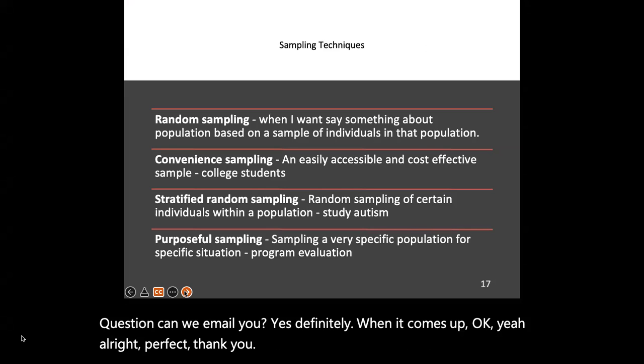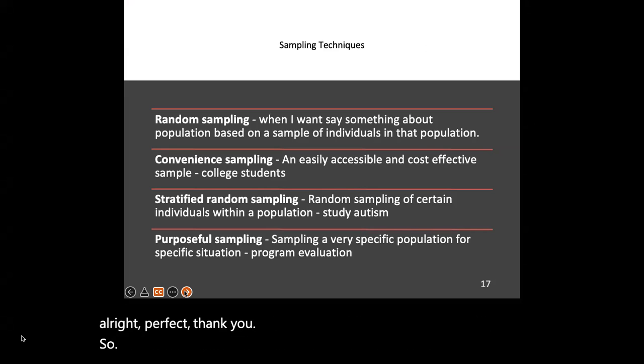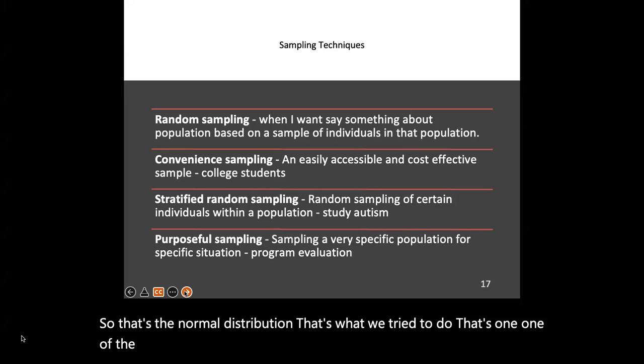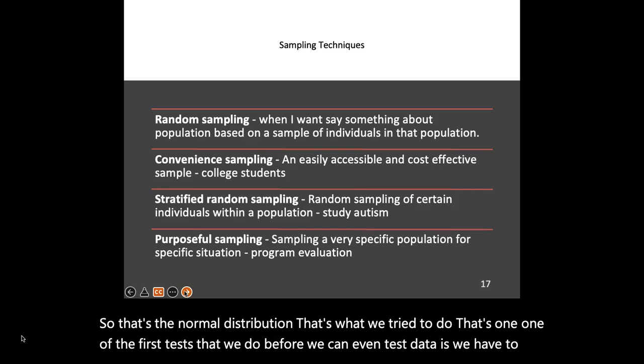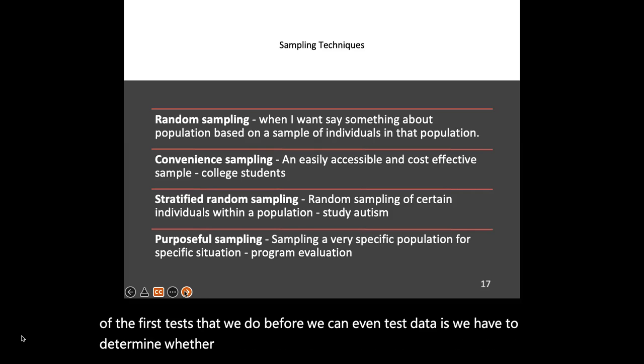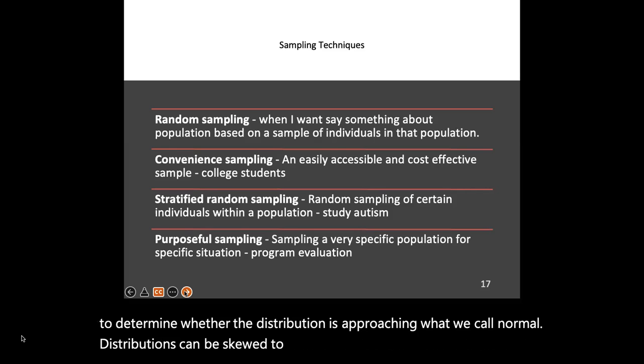Okay. So that's a normal distribution. That's what we tried to do. That's one of the first tests that we do before we can even test data, is we have to determine whether the distribution is approaching what we call normal. Distributions can be skewed to the left or to the right.